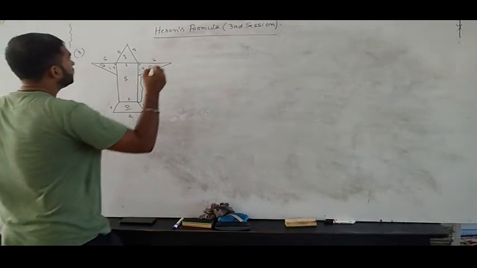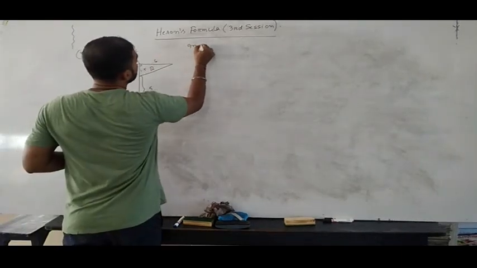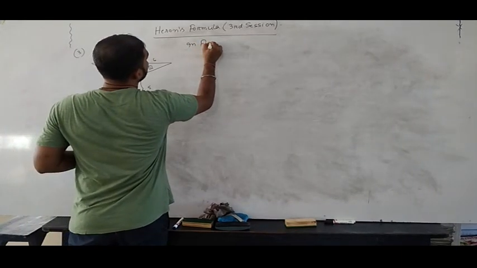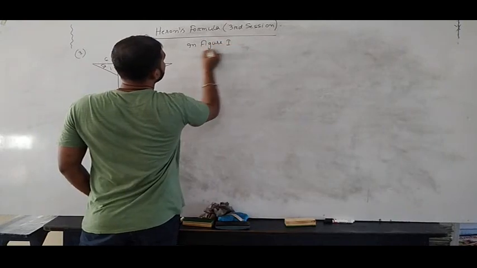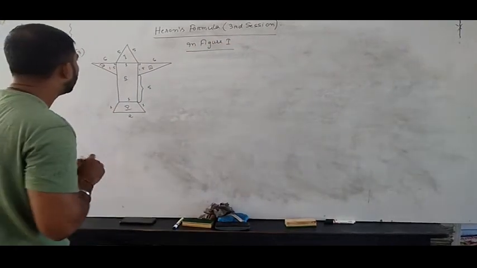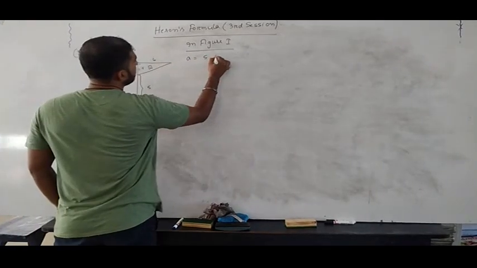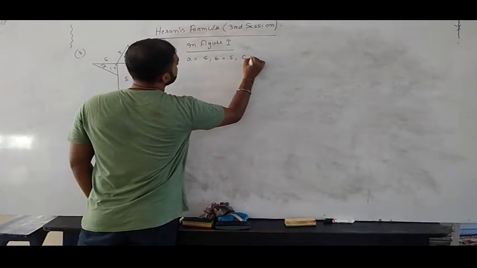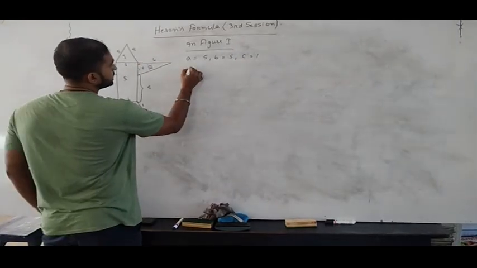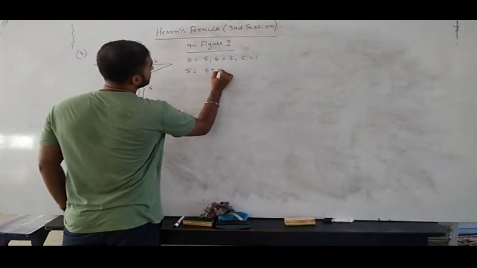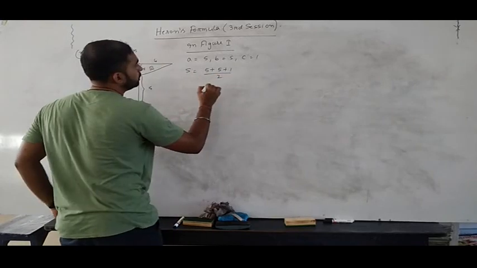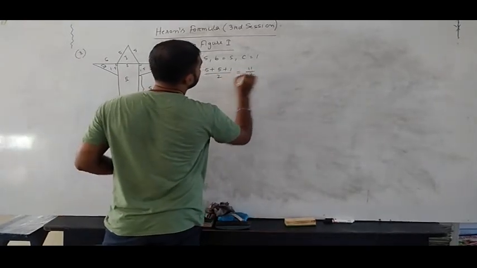So here we will find the area part by part. So first of all, in figure 1, A equal to 5, B equal to 5 and C equal to 1. So S equal to (5 plus 5 plus 1) by 2, that is 11 by 2.